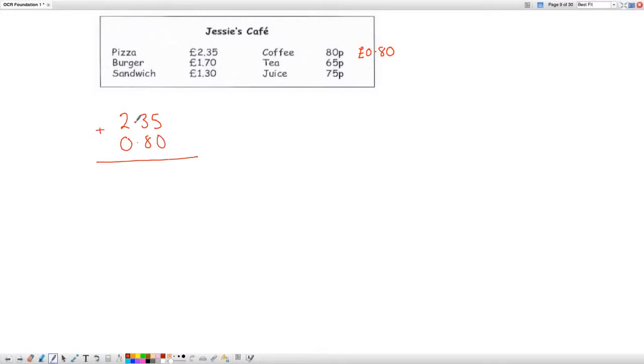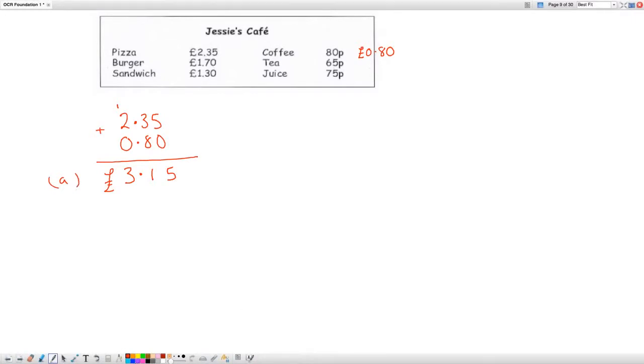When we're adding these up, remember we don't have a calculator, we've got to keep our decimal points in line. 5 plus 0, 5, 3 plus 8, 11, 1 here, carry a 1, 1 and 2, 3. Total price for part A, £3.15.